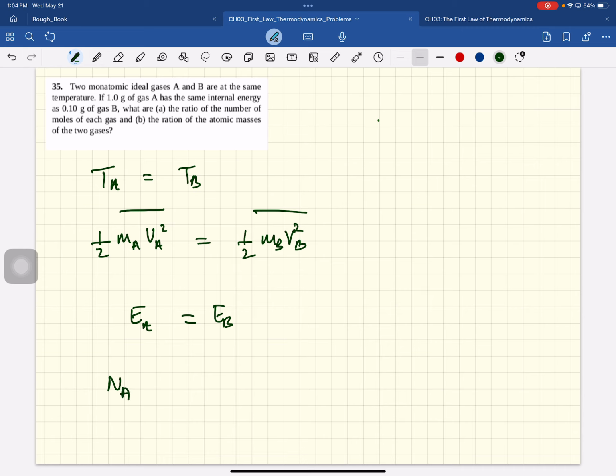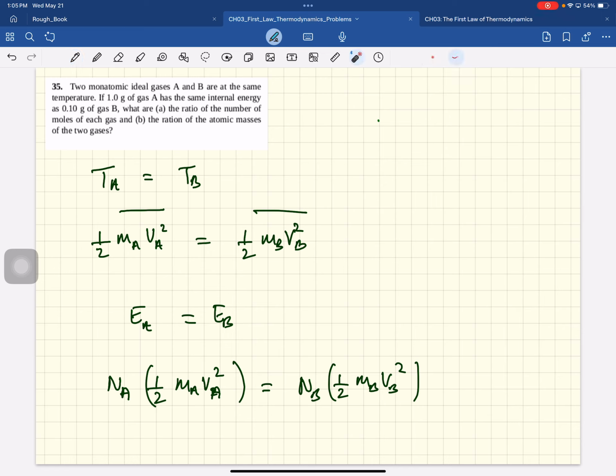N_A times m_A v_A squared, and I'm not going to write the averaging arrows, I mean the average value, is equal to that.